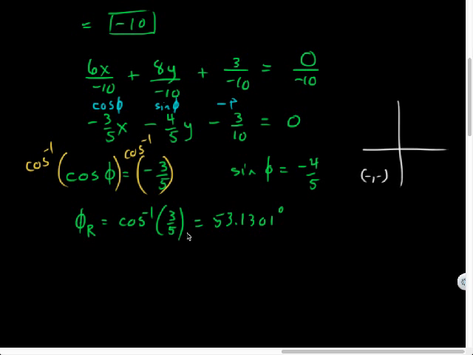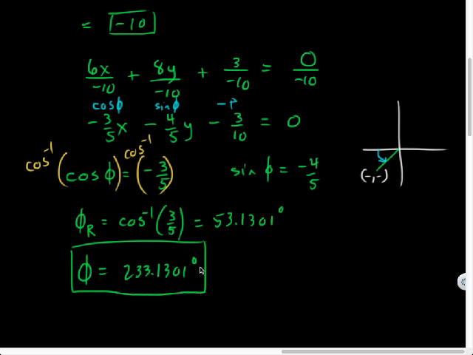If that's the reference angle, but I'm interested in this quadrant, what do I do? Add 180 to that. So phi is just going to equal that plus 180, which is 233.1301 degrees. So there's phi. And what's the value of little old p?